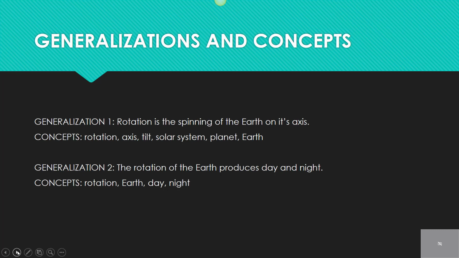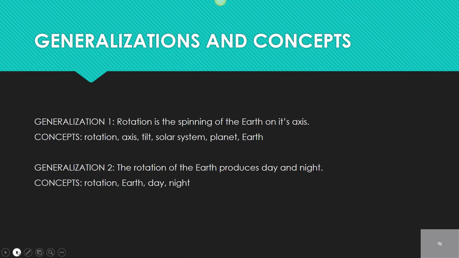My understanding is that your concept is also related to the generalization, and therefore when you write the generalization, it should contain concepts. So in number 2, rotation is a concept, and that is included. Earth is a concept, as is day, as is night.